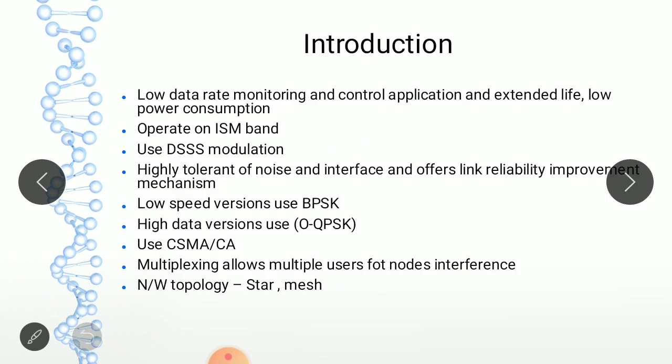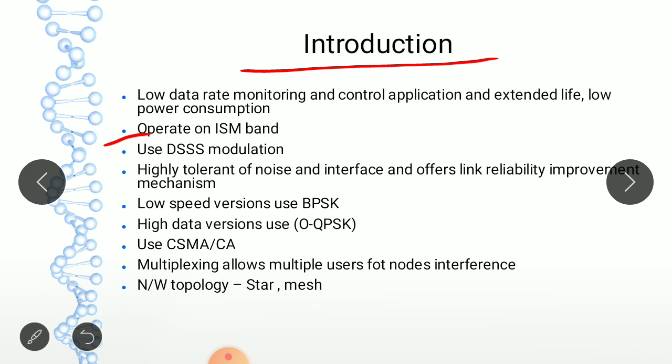Firstly, the introduction of this network is that it has a low data rate, less power consumption and an extended lifetime. It operates on the ISM band. ISM stands for industrial, scientific and medical band.